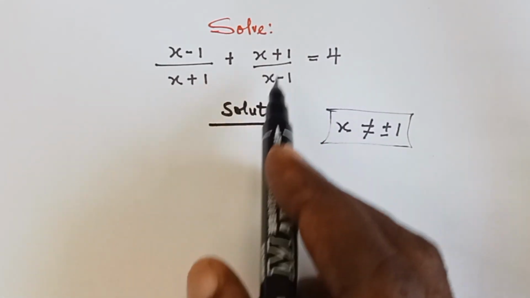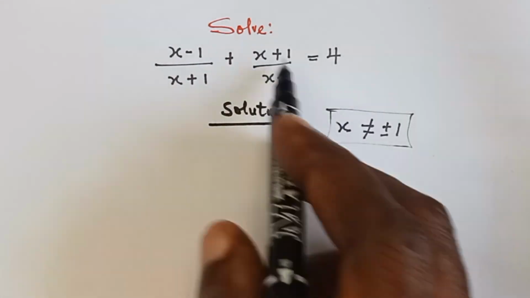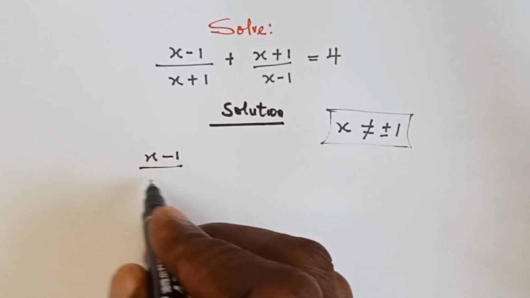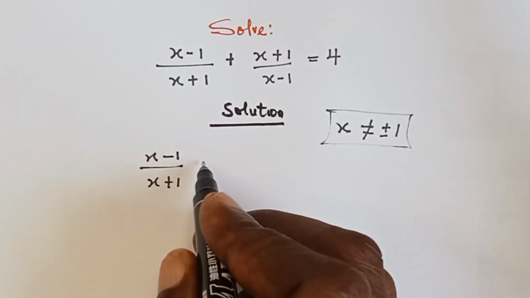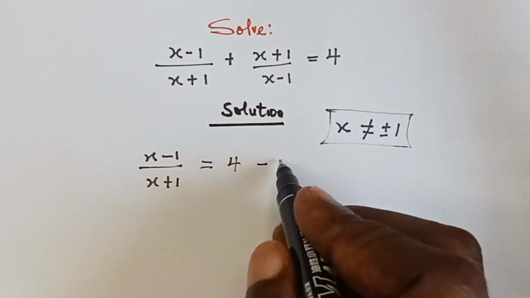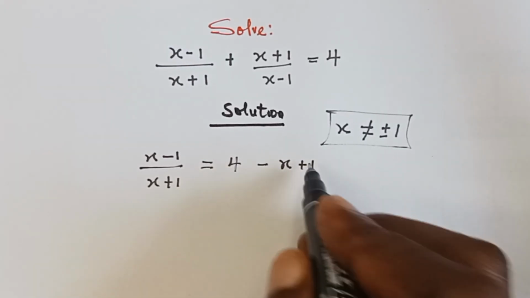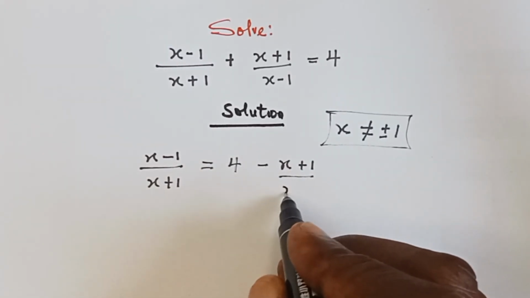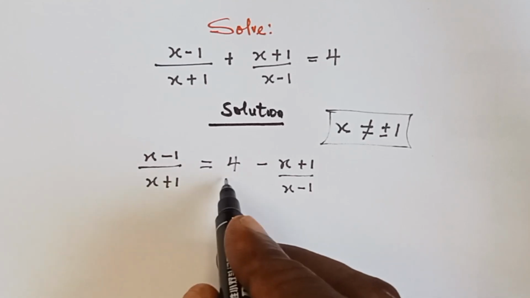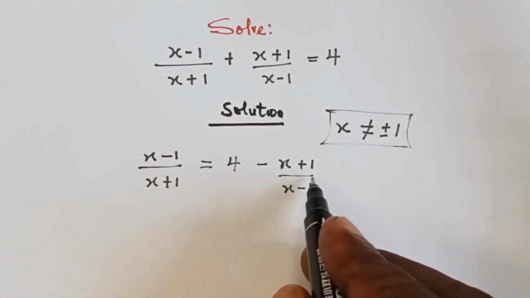All right, so from here, what I will do is I will carry this to the other side, and it becomes (x minus 1) over (x plus 1) equals 4 minus, I'll write this, (x plus 1) over (x minus 1). All right, so from here, I would simplify this.